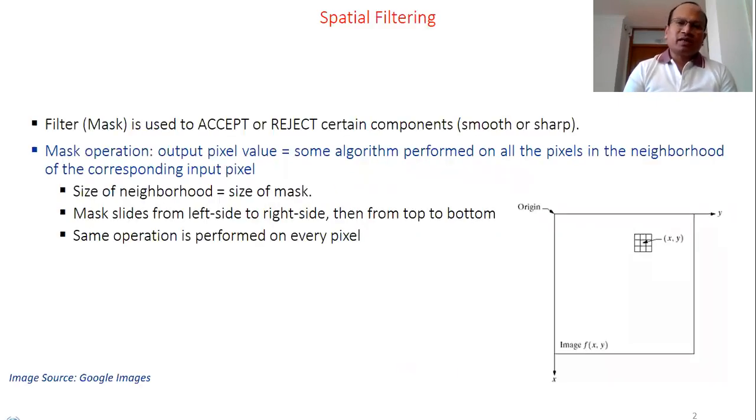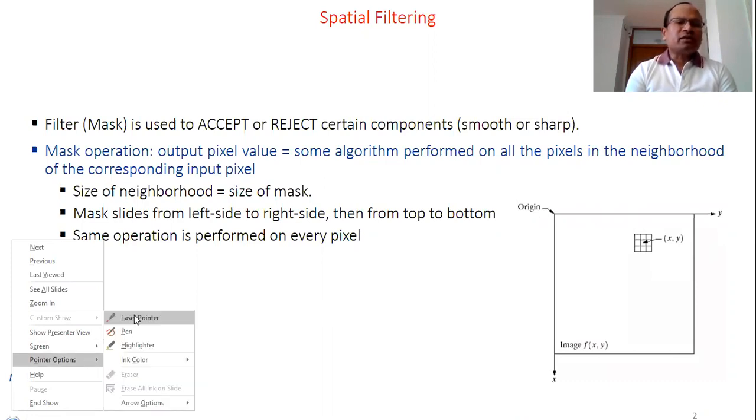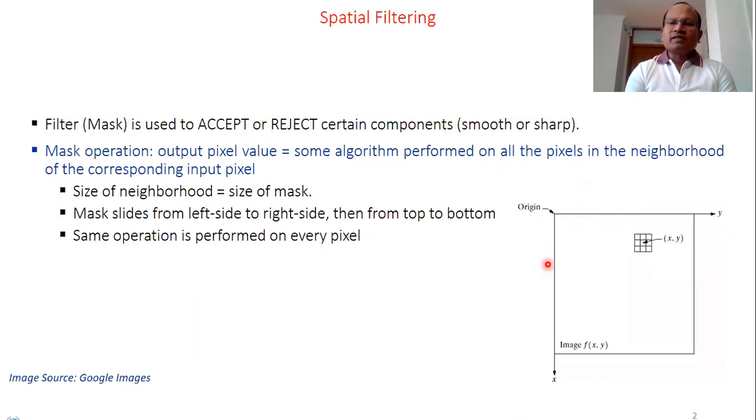As we know, in spatial filtering, if you see the diagram, there is an origin. Let us start the pointer. Yeah, you can see here there is the origin, and this is an image.